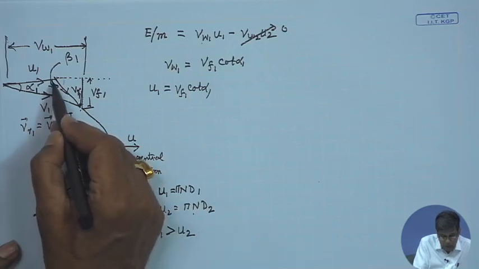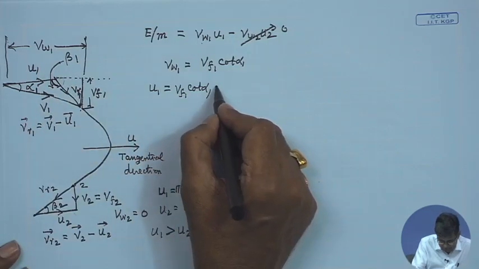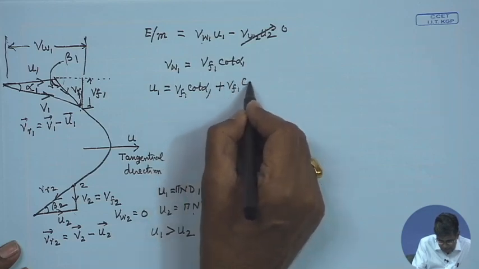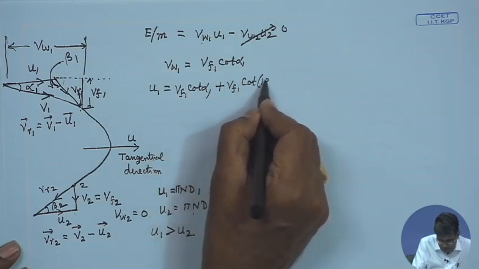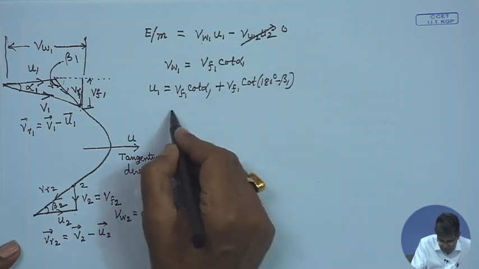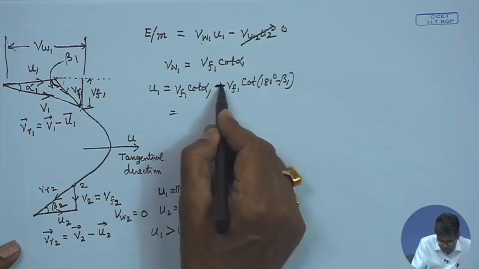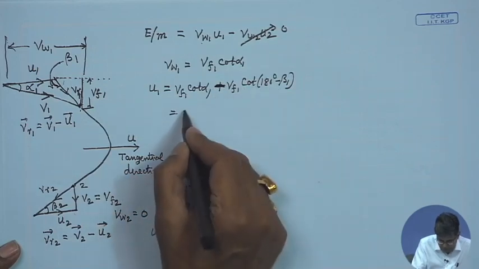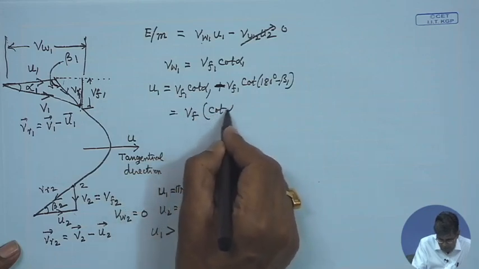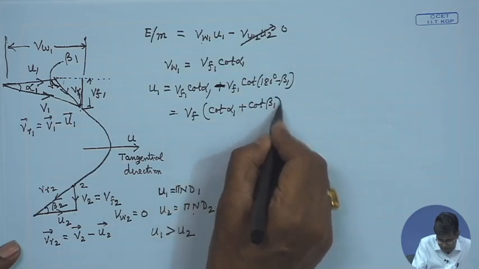So, if we denote this obtuse angle as beta 1, it will be plus VF1 cot of 180 degrees minus beta 1, which is minus, sorry, minus. So, minus minus, this will be plus. So, this will be cot alpha 1 plus cot beta 1.